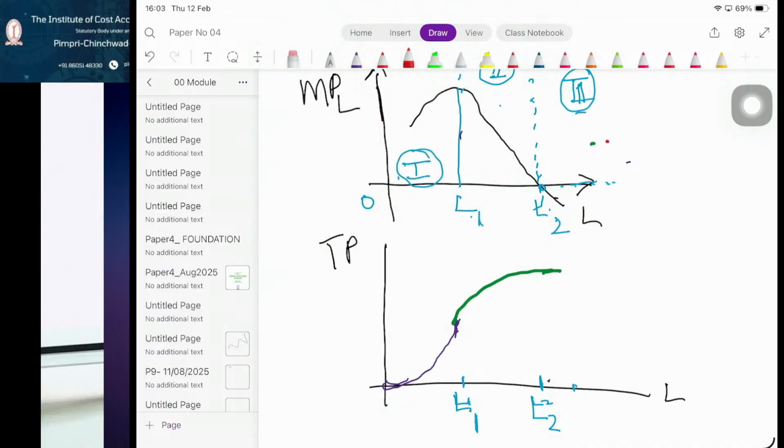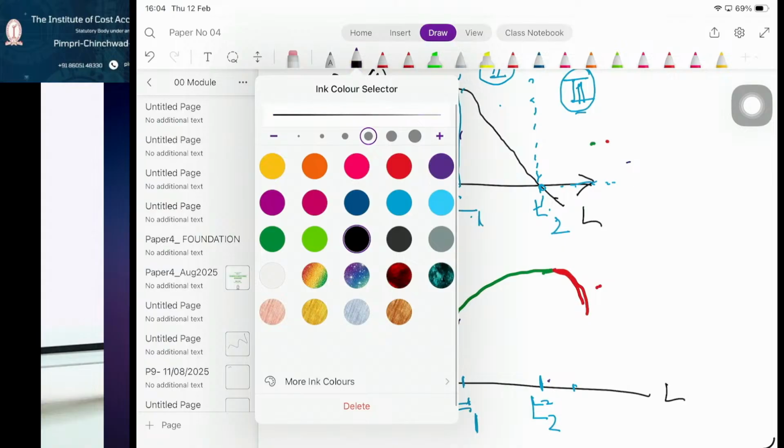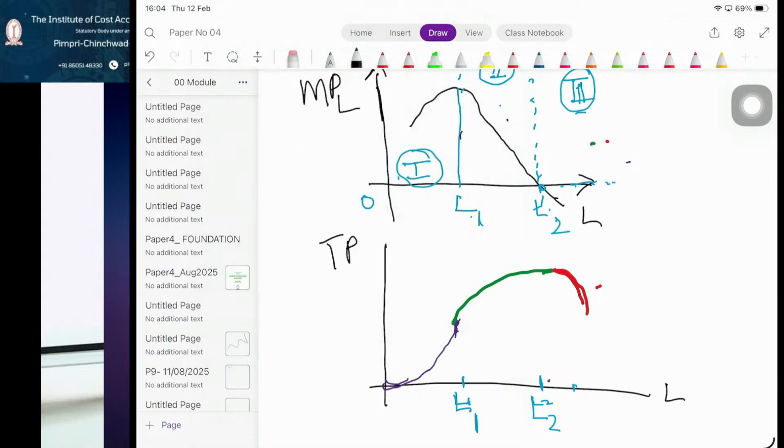that is the irrational zone, what happens? This output starts falling. It becomes negative. So just remember one thing, this is a question that can come in multiple choice questions many times, so you have to know these diagrams well.